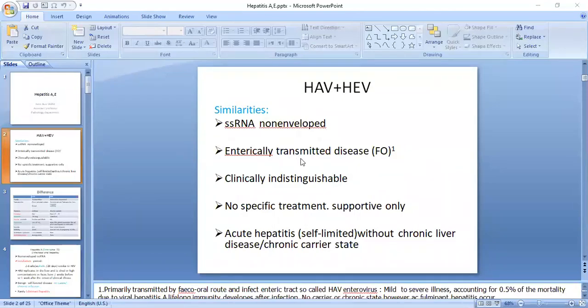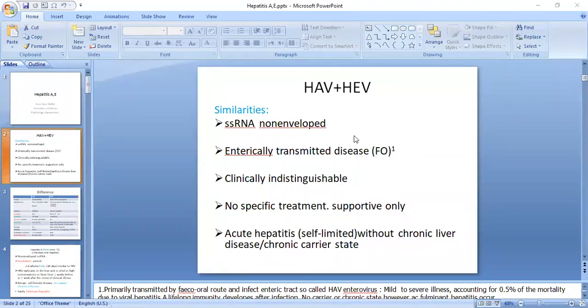Hepatitis A is also called enterovirus 72. And clinically, they cannot be differentiated.